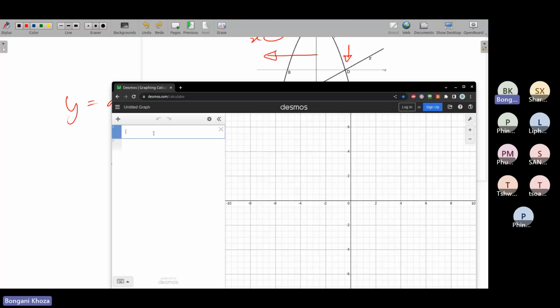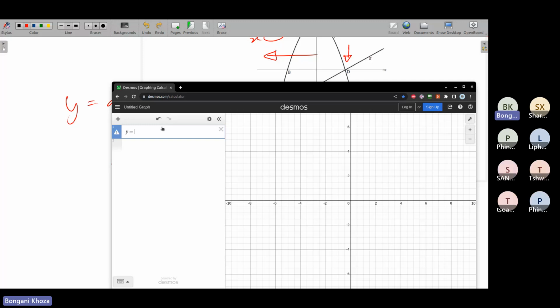I'm just going to do a fast drawing here. Our a value is positive, so we're going to give it 1. Our b value is greater than 1, so let's give it 2, with exponent x.